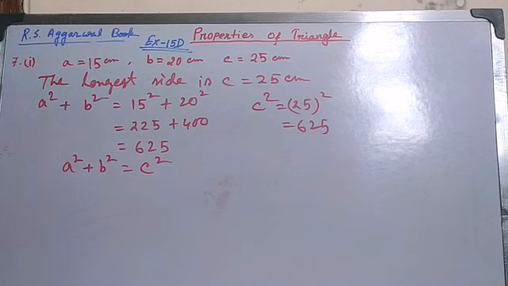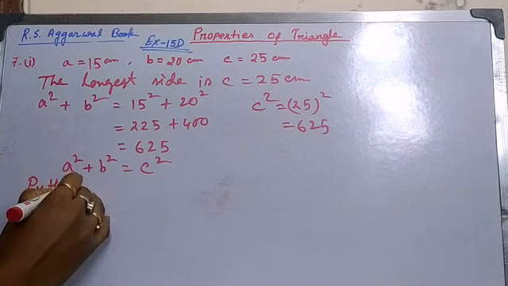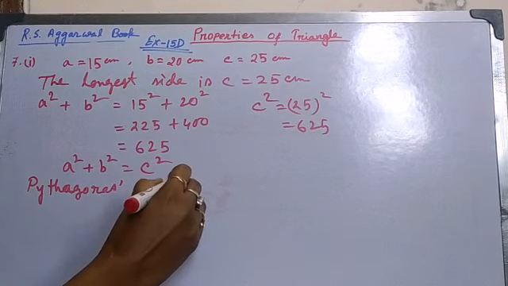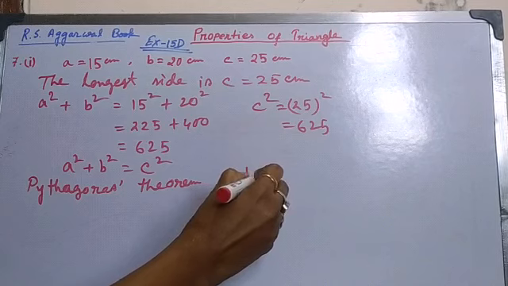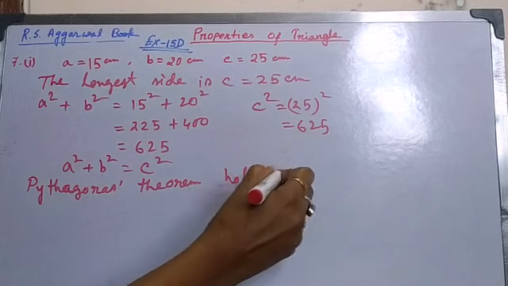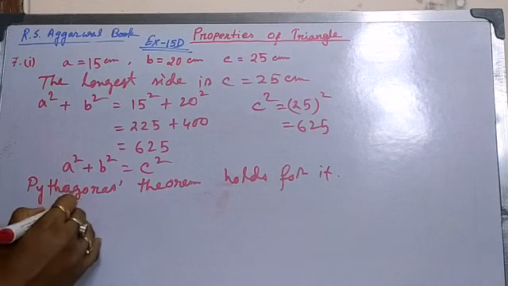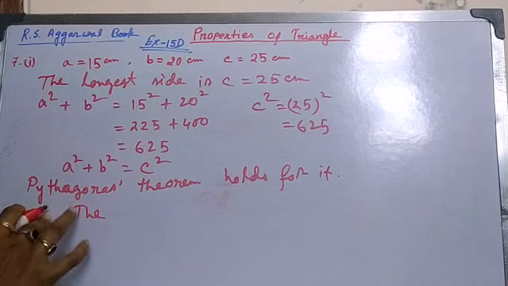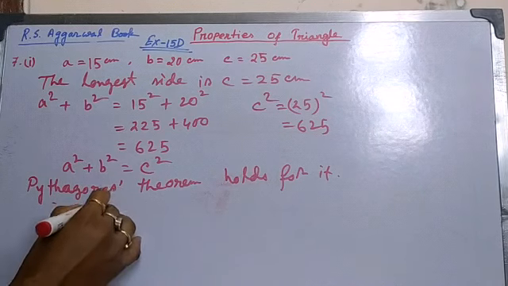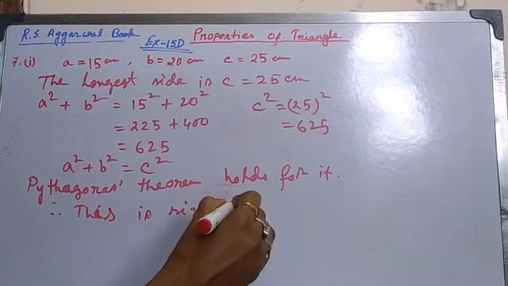So we can say that Pythagoras theorem holds for it. Therefore this is a right angle triangle.